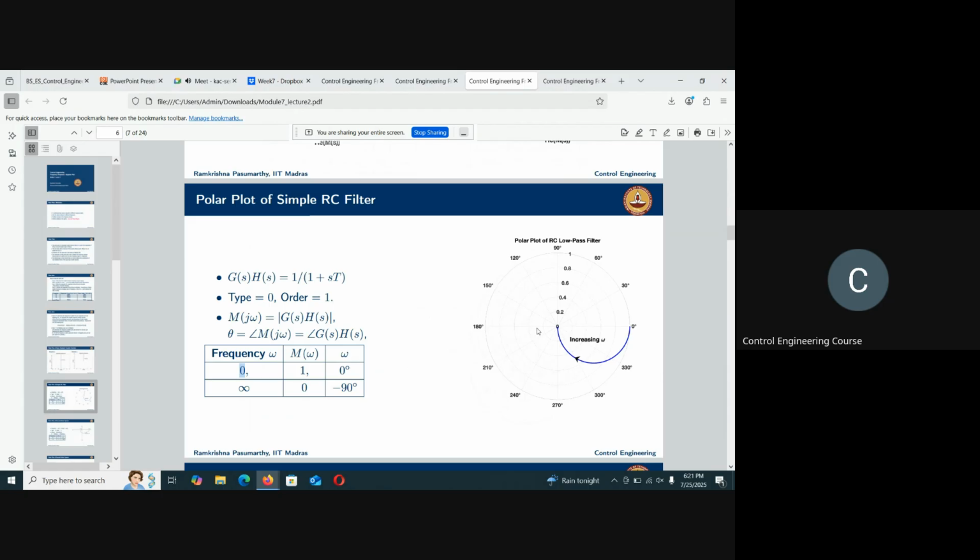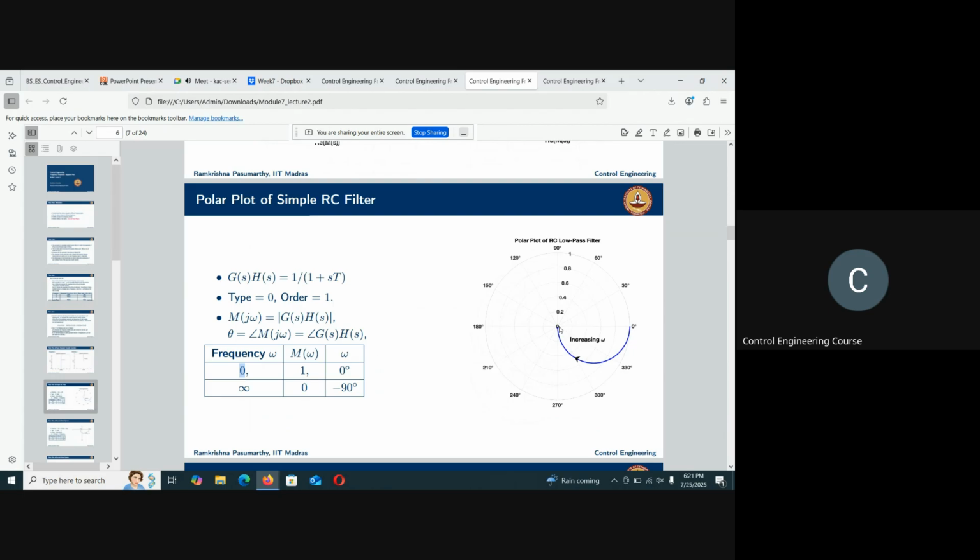As omega increases, the phase gradually reduces, and the magnitude also gradually reduces. In complex plane, magnitude is nothing but the radius, the distance from the origin, right? So magnitude reducing actually means the circle becomes smaller and smaller.